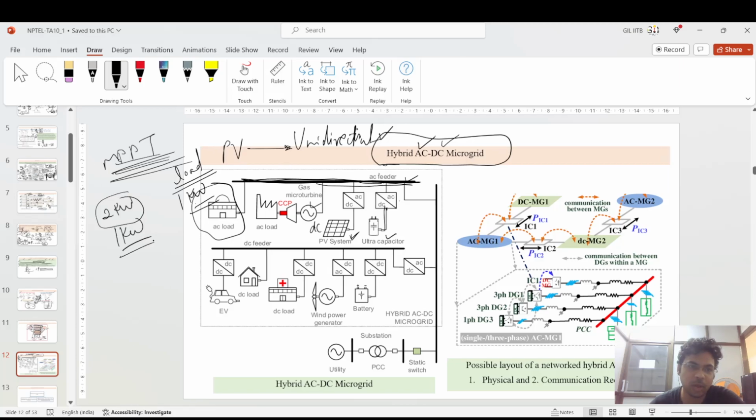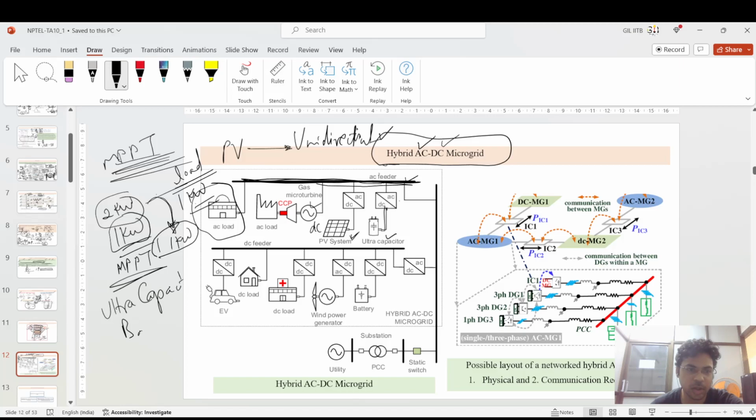The MPPT will reduce the generation from 2 kilowatt to 1 kilowatt, so you don't need to install an additional system to absorb the extra 1 kilowatt. If it is a grid connected system, then fine, you can send this 1 kilowatt directly to the grid. But if you have an islanding situation and no power absorbing capability inside the closed environment, then you have to use MPPT control inside the PV generation. This is the kind of system I wanted to tell you.